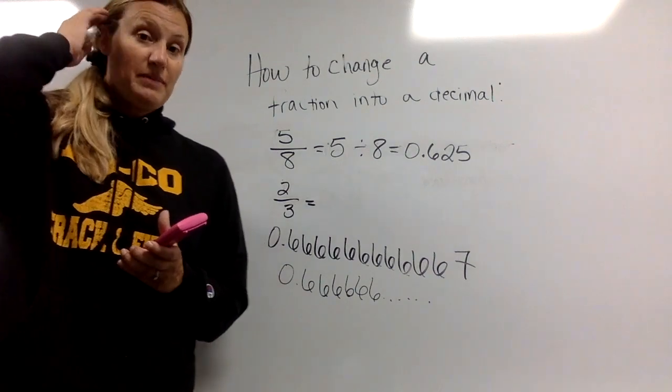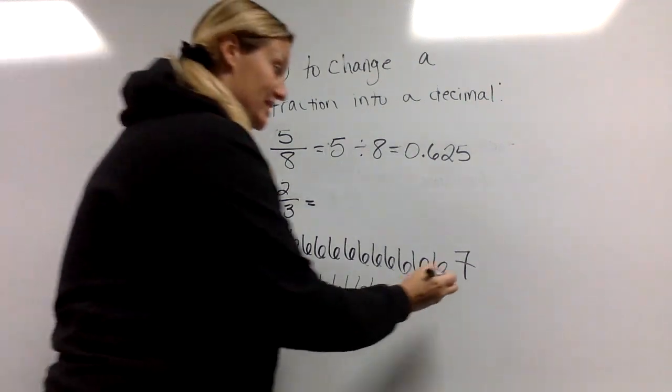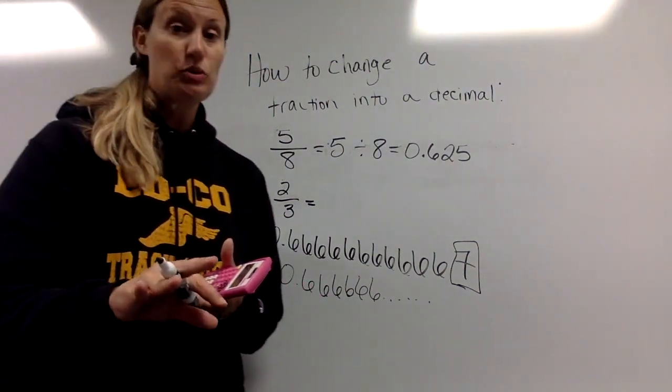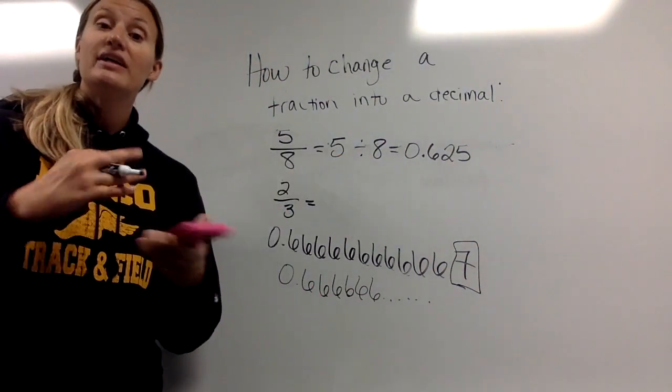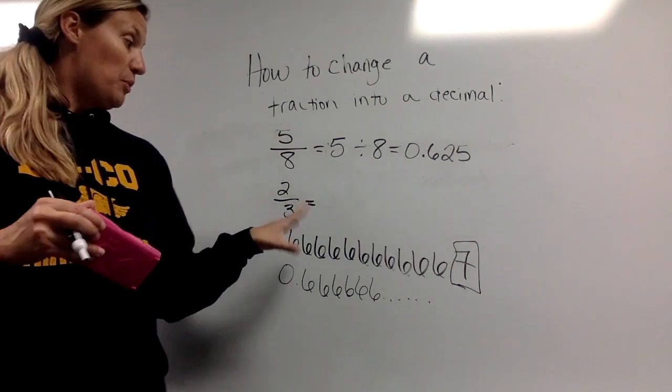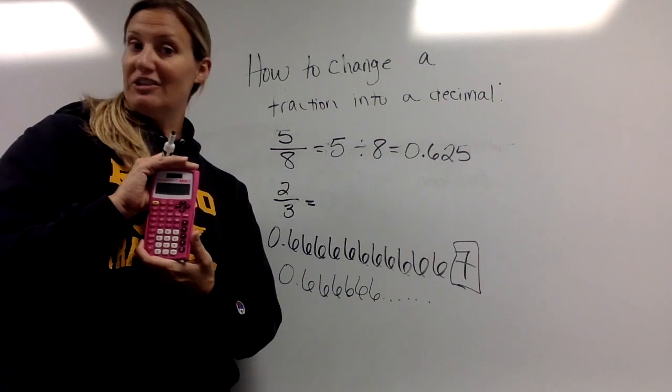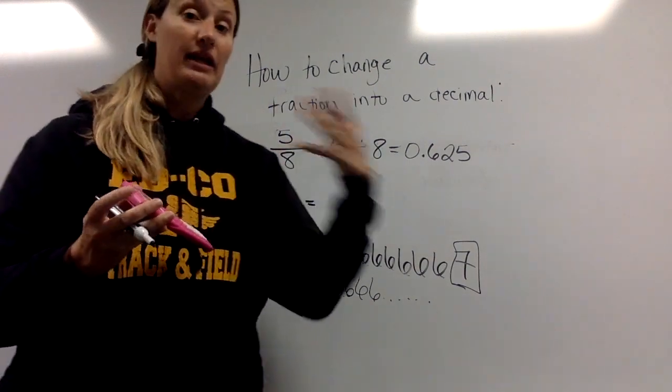Okay? Now, you may be saying, well, if it's 6's forever, Mrs. Lang, why do I see a 7 there? Some of you don't. Some of you will not see a 7. Some of you will see 6's forever. But your calculator, you are smarter than your calculator. Your calculator doesn't understand that this is 6's repeating forever.